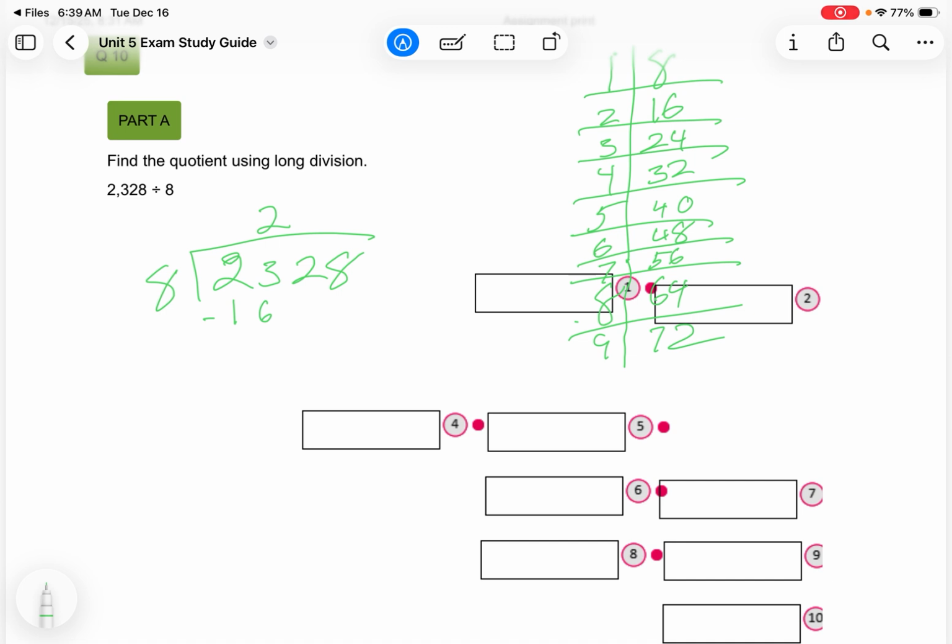Oh, then so then we subtract. 23 minus 16 is 7.